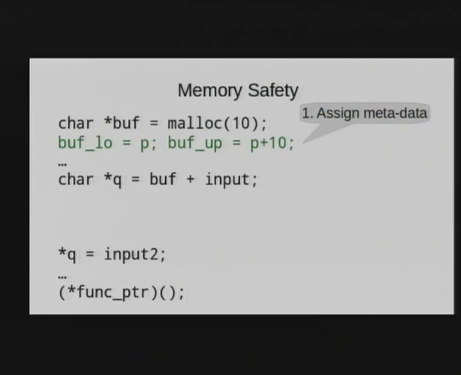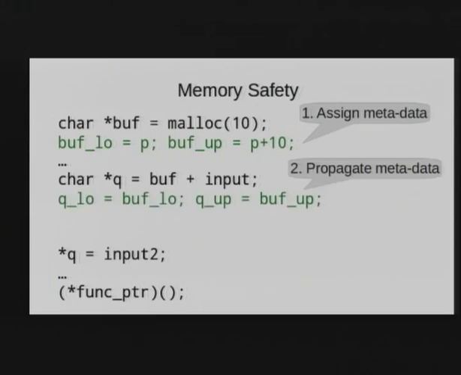Well, memory safety explicitly adds additional bounds checks to all the pointers that allow some runtime checking that the pointer dereference is actually valid at the time. So in addition to the buffer pointer, we add lower and upper bound variables to the actual code that is executed and initialize them when the pointer itself is initialized and assigned. In addition to that, whenever the pointer is changed, we propagate metadata to the pointer.